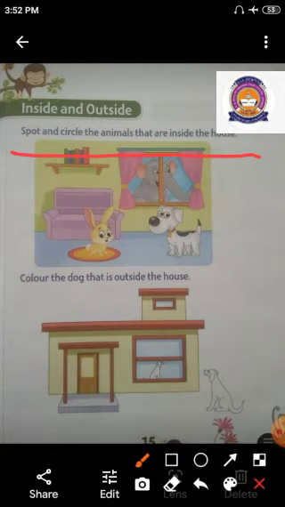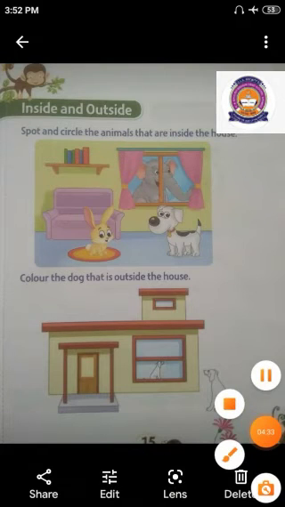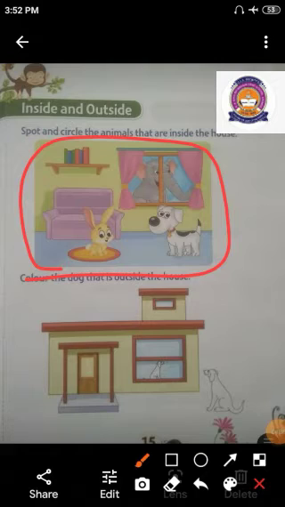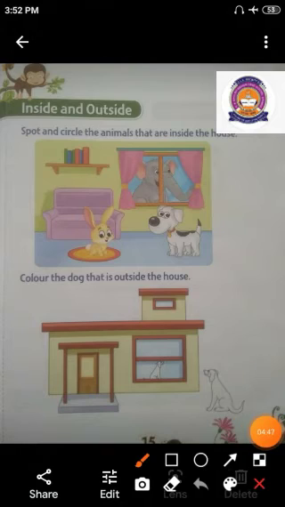See children, according to the picture, inside means what? This is a picture of inside the house. In the window, the elephant is there. The elephant is outside the house.